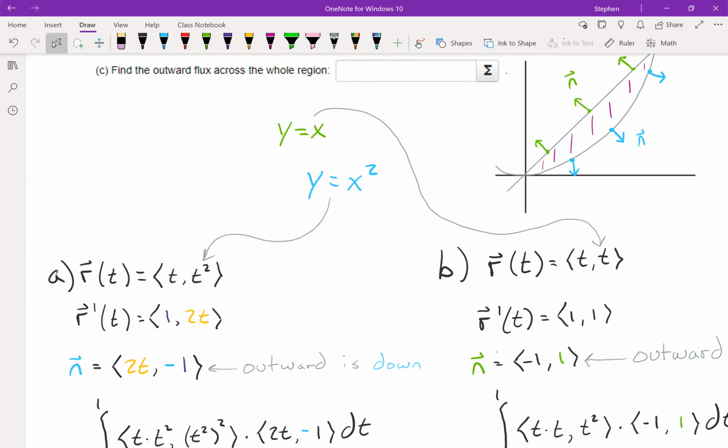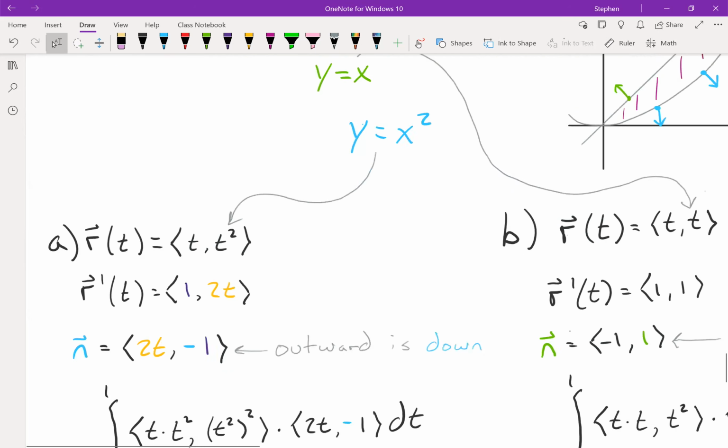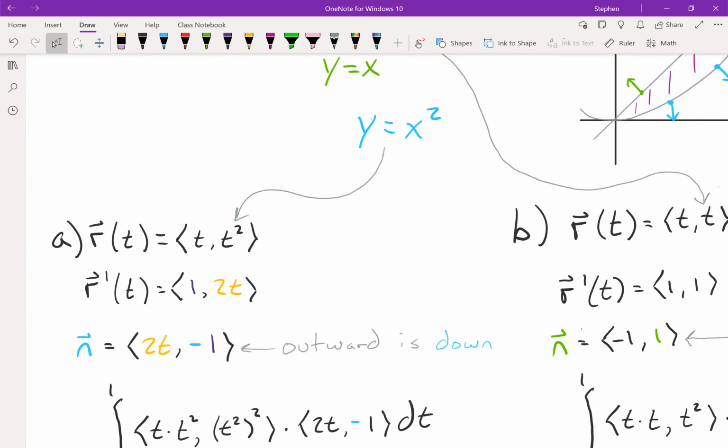So for the blue set of normal vectors, down is the correct orientation. Down and out are going to be the same orientation, so I want my y value to be negative. So I put the negative on the y component, and my normal vector is 2t comma negative 1. From there, I'm ready to actually take the integral, and that's just evaluation.